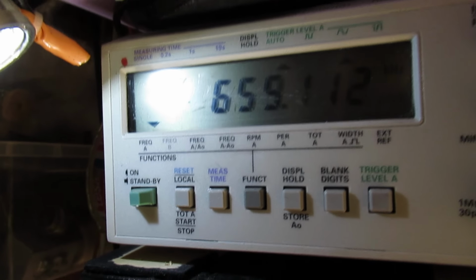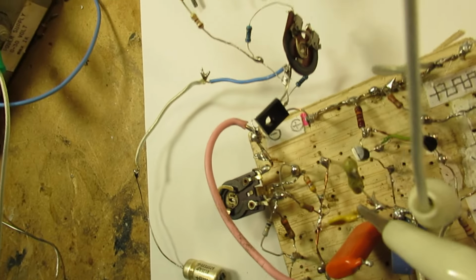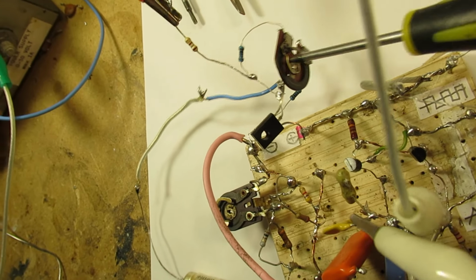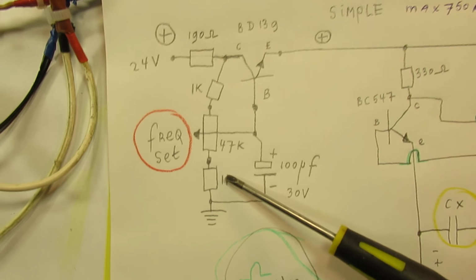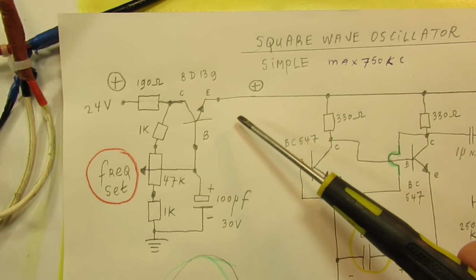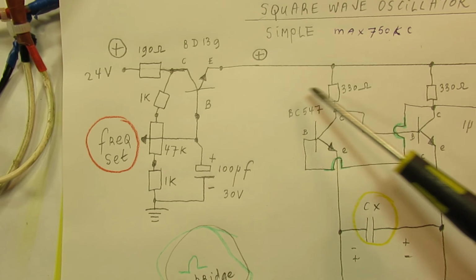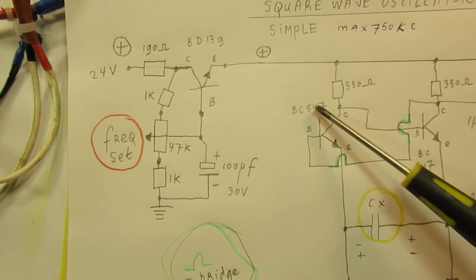And of course there is the frequency potmeter that is here, this one, this potentiometer, 47 kilo ohms, sets the output voltage between, I think, 2 volts and 20 volts or so.